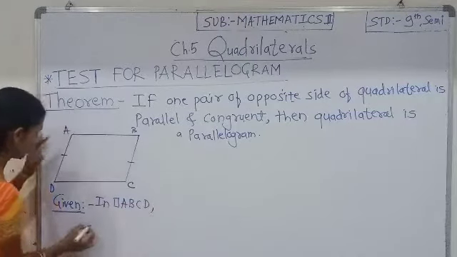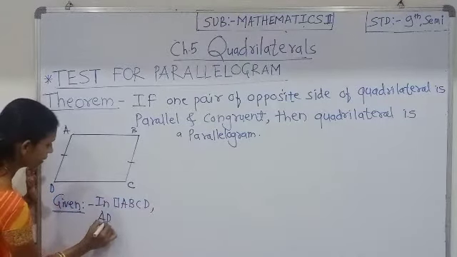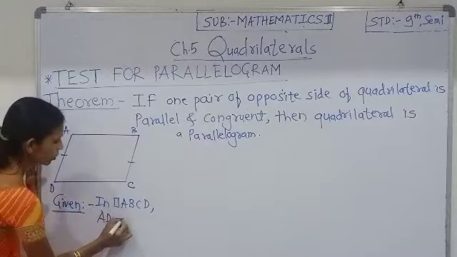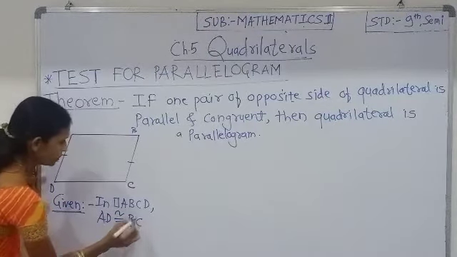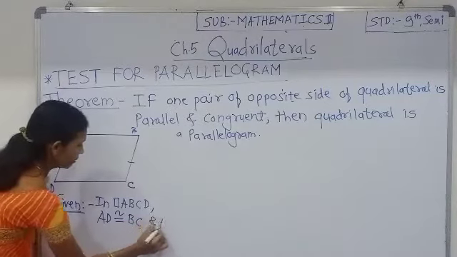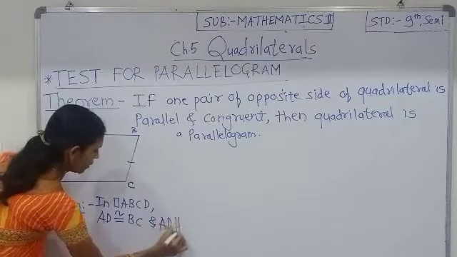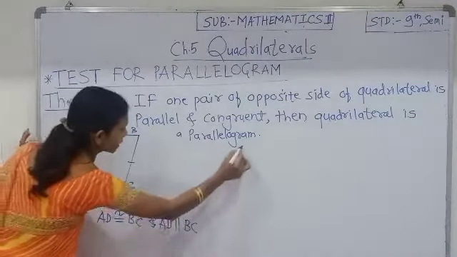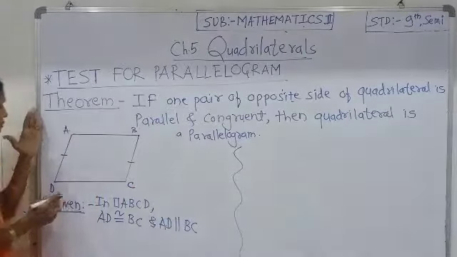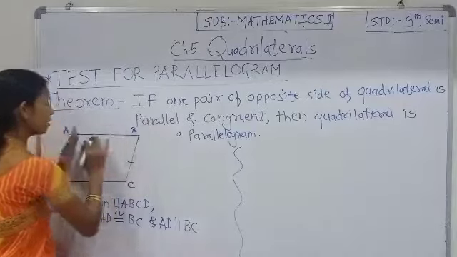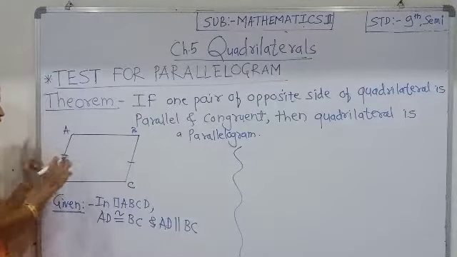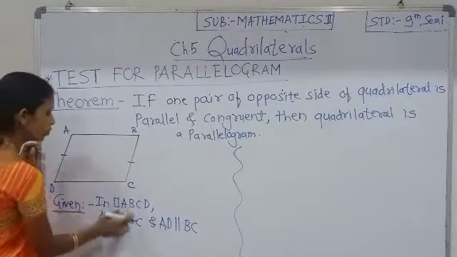That means the property written in the given is: in quadrilateral ABCD, AD is congruent to BC as well as AD is parallel to BC. That means AD and BC are parallel to each other as well as congruent to each other.